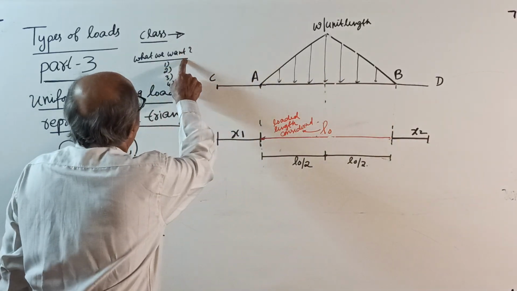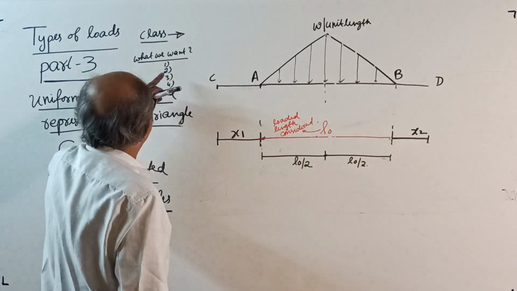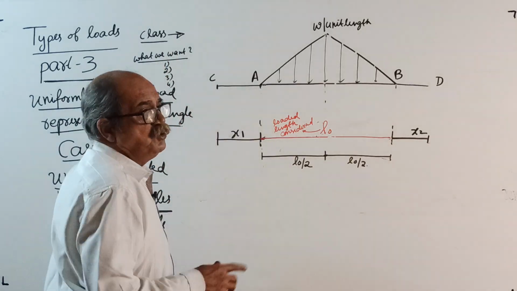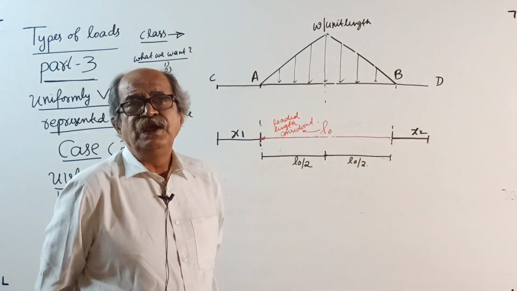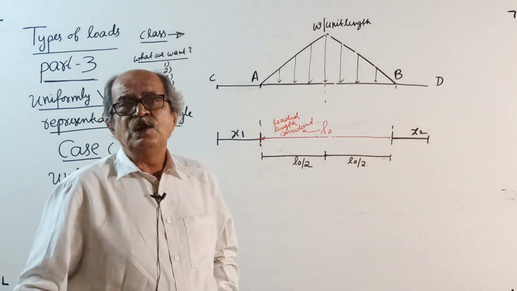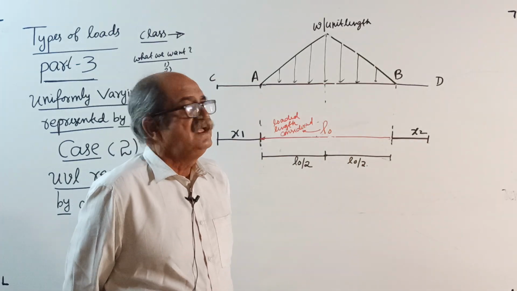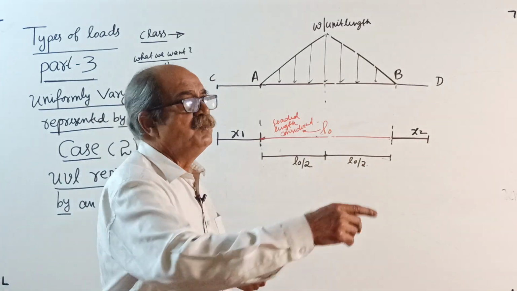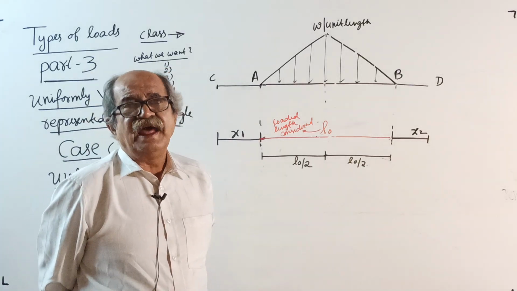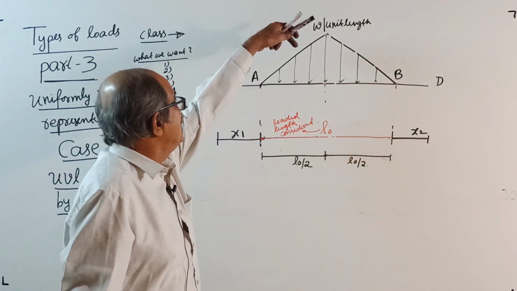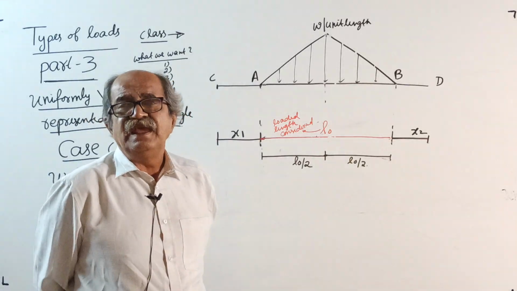Now, what do we want? Last time I told 1, 2, 3, 4. You should write: 1. Magnitude of the total load for the loaded length considered. 2. Direction. Very simple, directed vertically down here. 3.